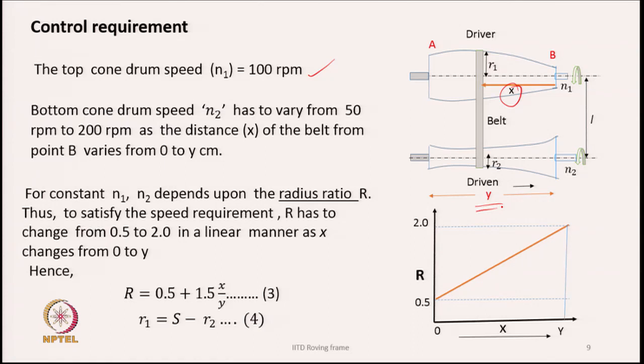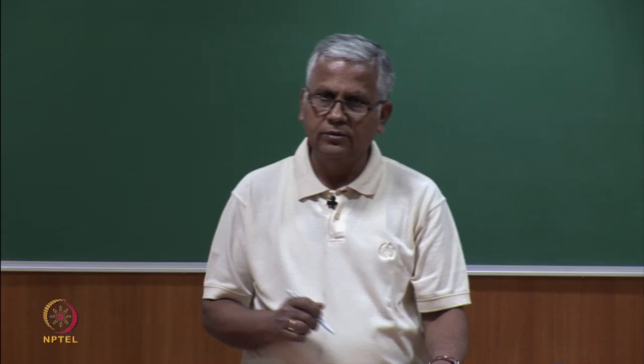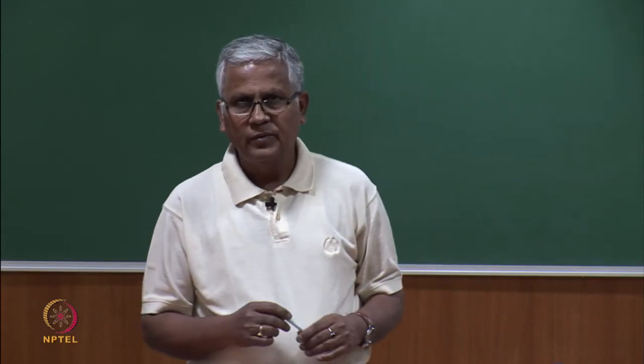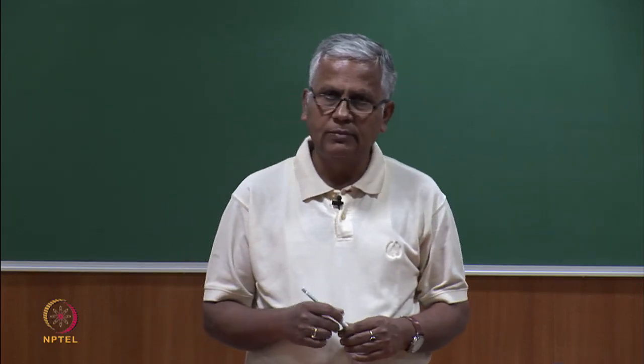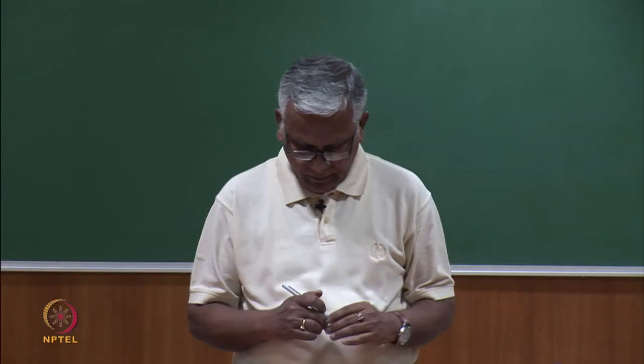Now, for constant n1, because n1 is the speed of the driver cone drum, and this driver cone drum receives its speed from a main shaft which is connected to the motor, the speed of the driver cone drum is always fixed and constant.